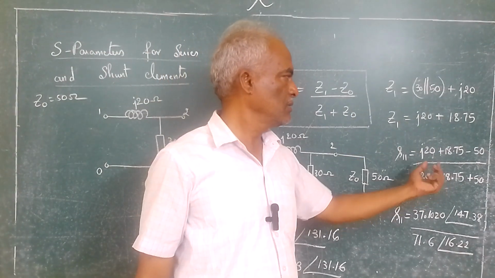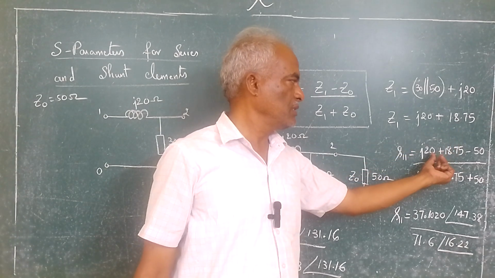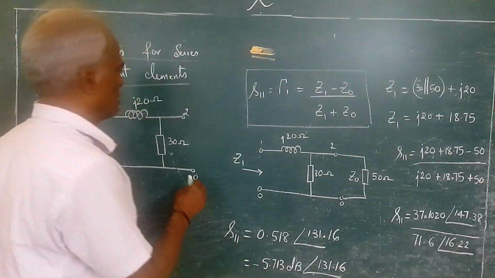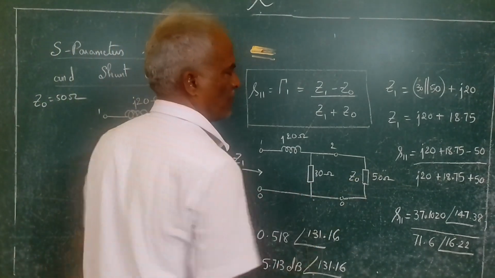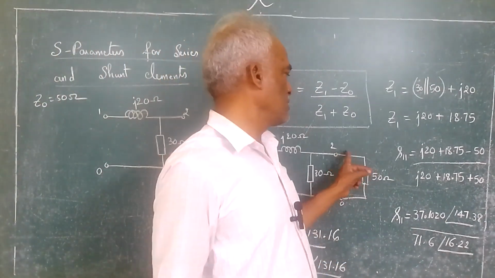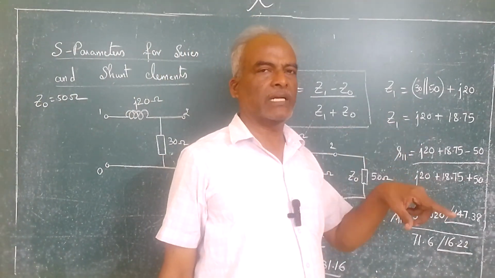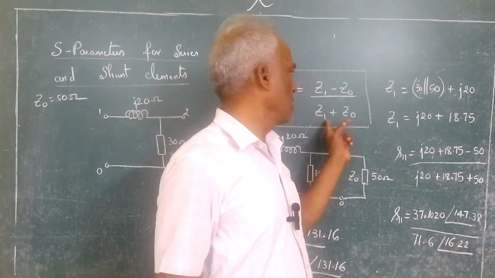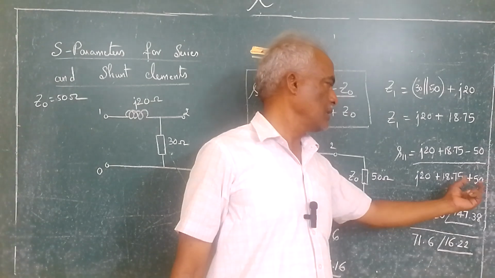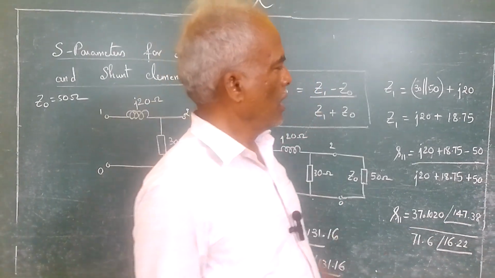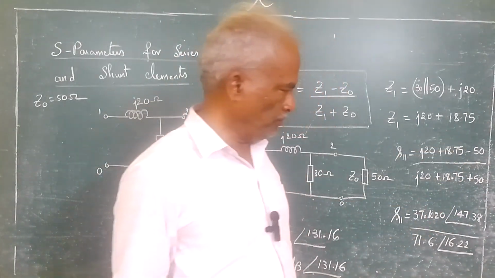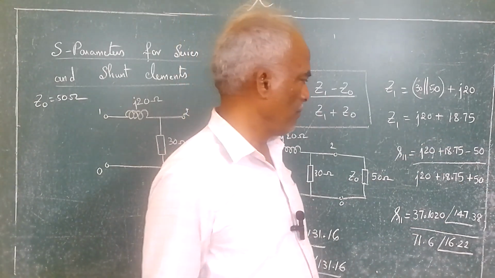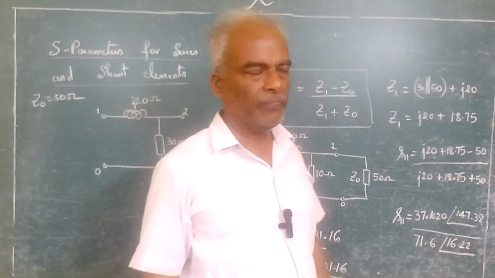Now to find S11, you need Z1 minus Z0. Z1 is 18.75 plus j20, minus Z0. Z0 is the characteristic impedance, which is 50, since port 2 is terminated with the characteristic impedance. Then Z1 plus Z0 in the denominator. After simplifying, this is rectangular form.